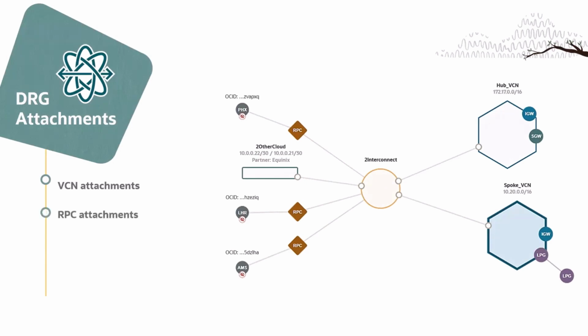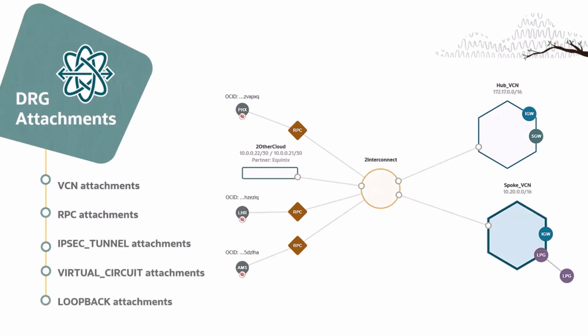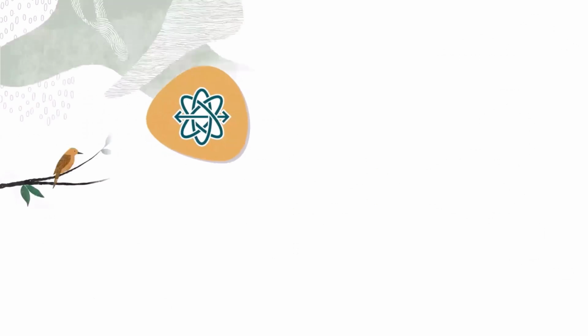I already talked about it: VCN, remote peering connection, IPsec tunnel attachments, virtual circuit attachments, and loopback attachments. In this diagram, you can see that the DRG is in the middle, with VCN attachments and RPC attachments, depicting the different types of DRG attachments.